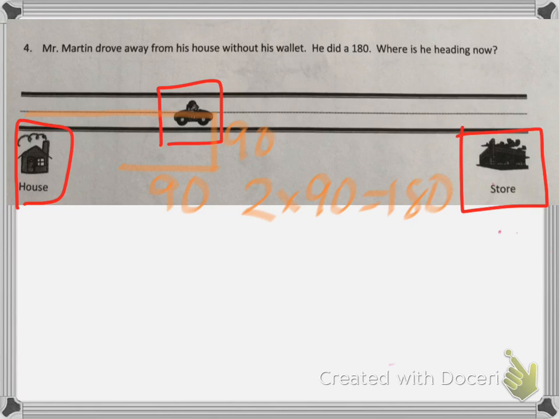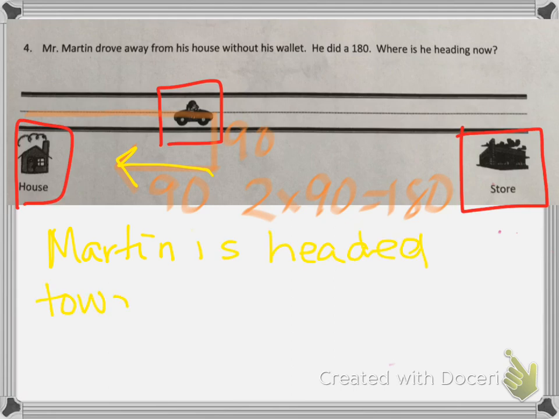Now I can see that Martin is heading this way. He's heading where? To the store or toward his house? Martin is headed toward his house.